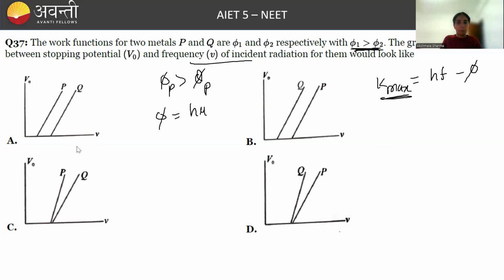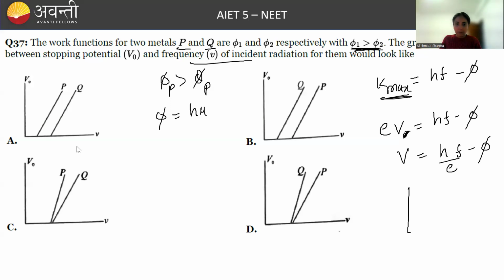In terms of stopping potential, Kmax is written as eV naught, or eV equals hf minus phi. So the stopping potential V is h by e times f minus phi by e. Now there are two different metals, P and Q, with different work functions.